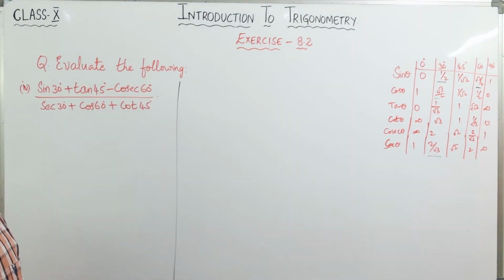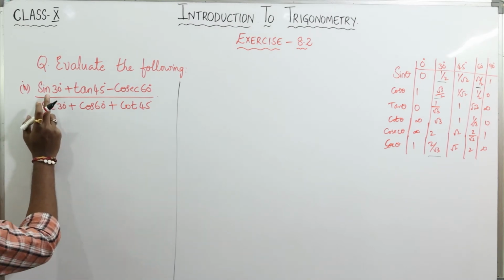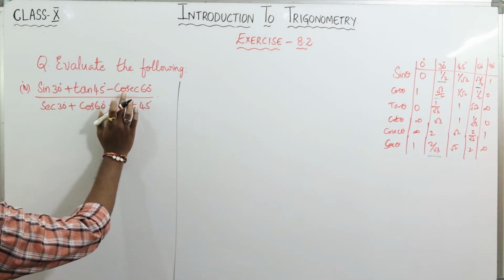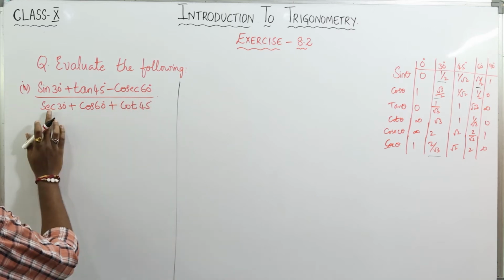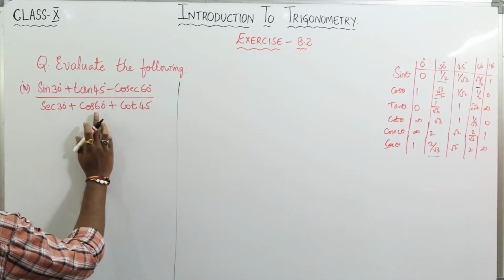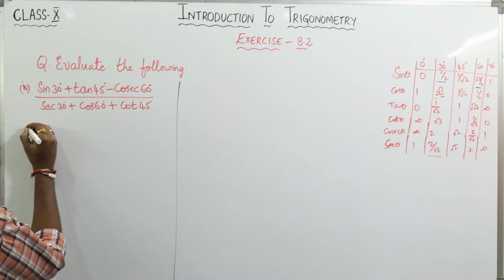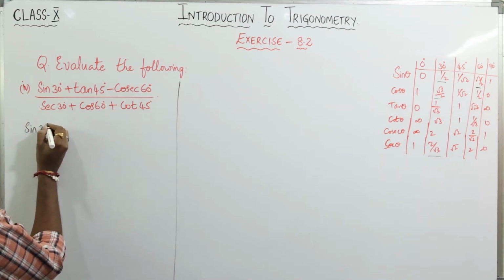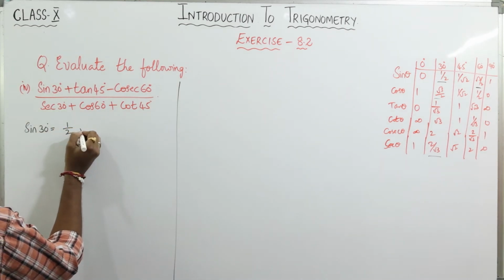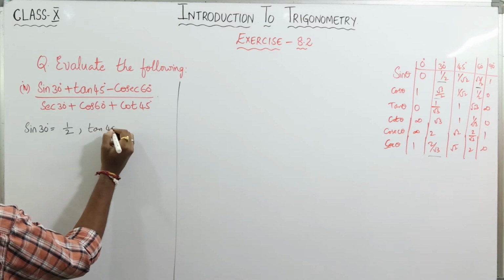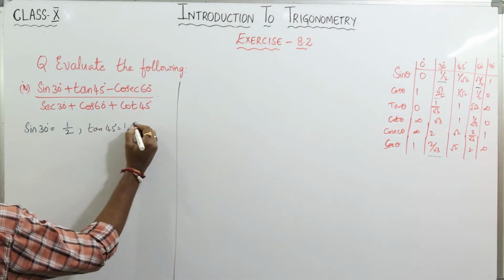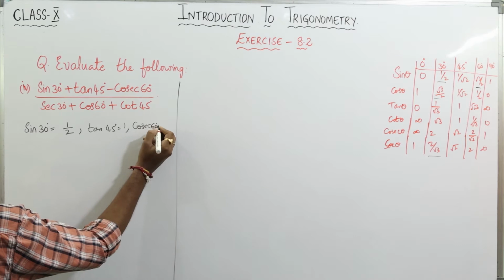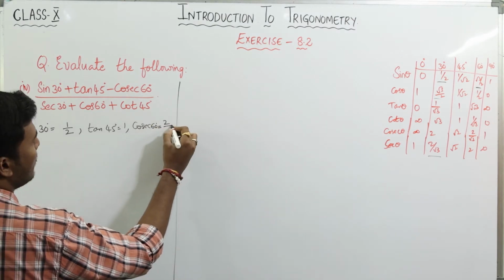The fourth bit of this problem, that is sin 30 plus tan 45 minus cosecant 60 by secant 30 plus cos 60 plus cot 45. So first let us write the values. Sin 30 is equal to 1 by 2, tan 45 degrees is equal to 1 and cosecant 60 is equal to 2 by root 3.